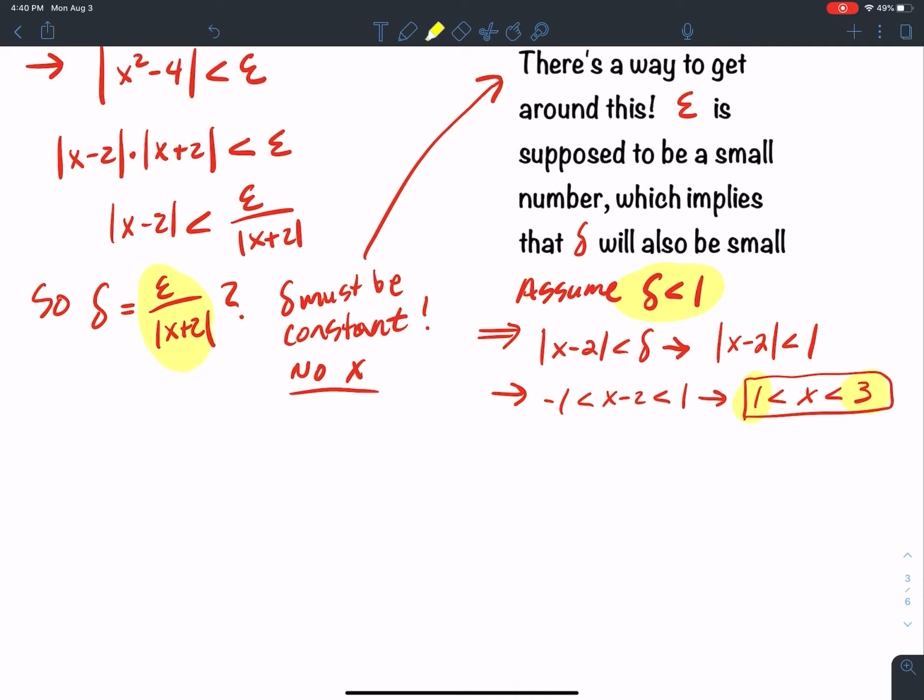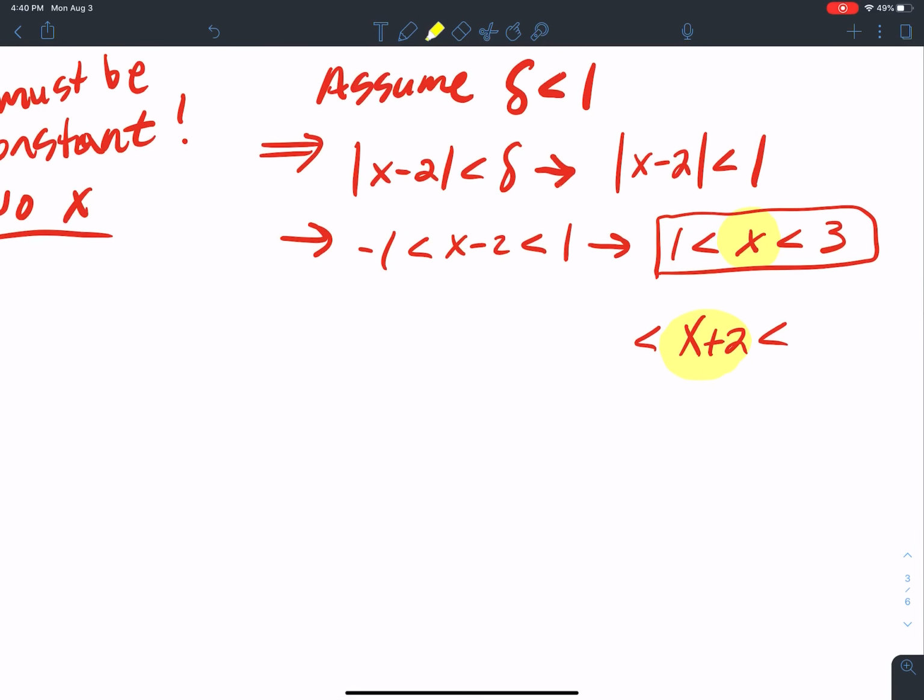Now this is going to help me here because now I have a bound on x. So how does it relate to this here? Well, let's see. What do I want? I want to get this x plus 2 thing going on here. I want it to look like this expression here. So how do I go from here to here? Well, guess what I got to do? I got to add 2 to 1 and 3.